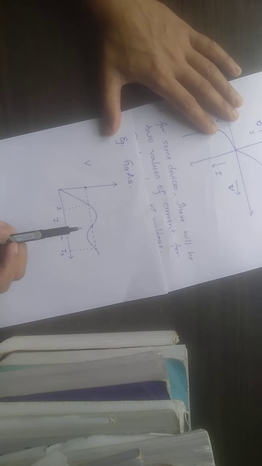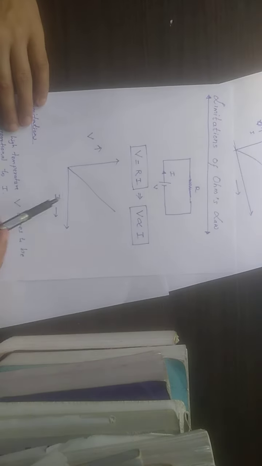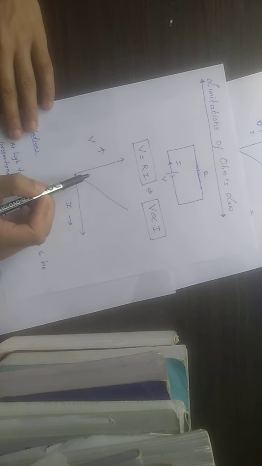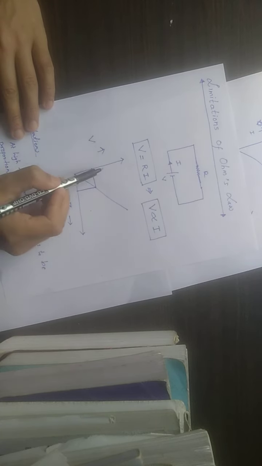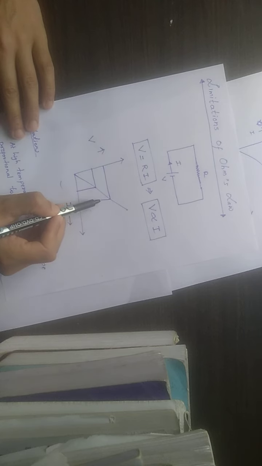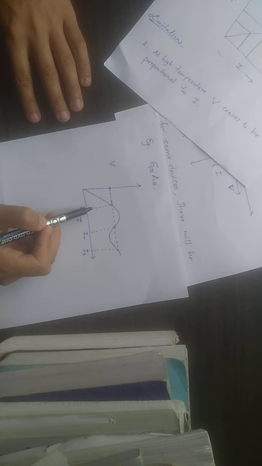So for a single value of voltage, there are three values of current, which is not according to our Ohm's law. In Ohm's law, a single value of voltage always gives a single value of current, but here a single value of voltage gives different values of current. So these are the three limitations of Ohm's law.